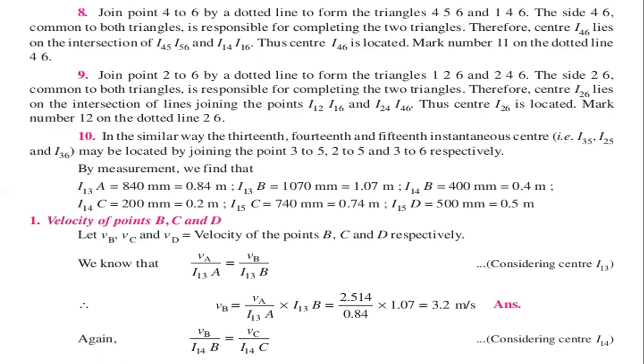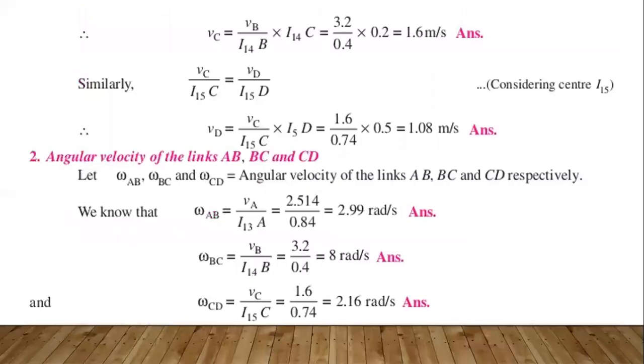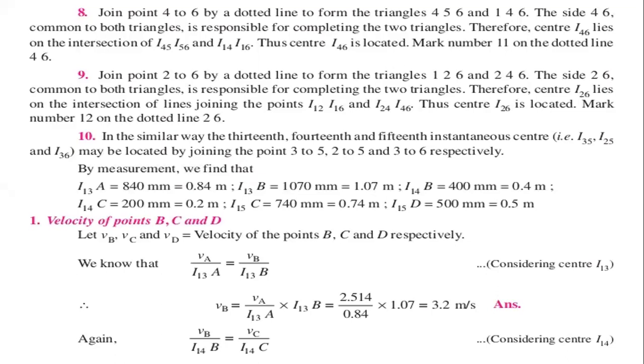So the side 2 6 came as the common side to both the triangles, which is responsible for completing the two triangles. Therefore, center I26 is the intersection of the lines joining the points.